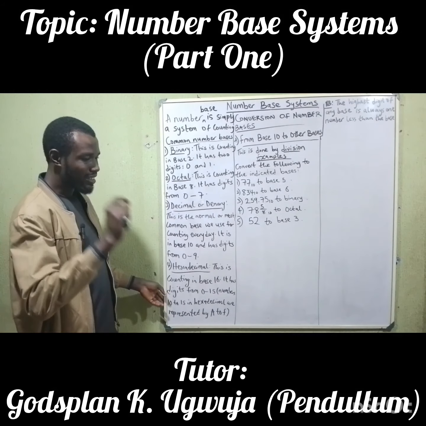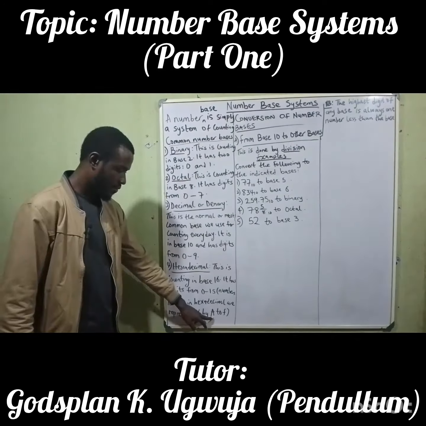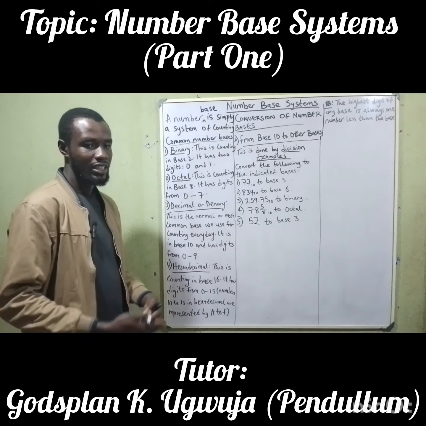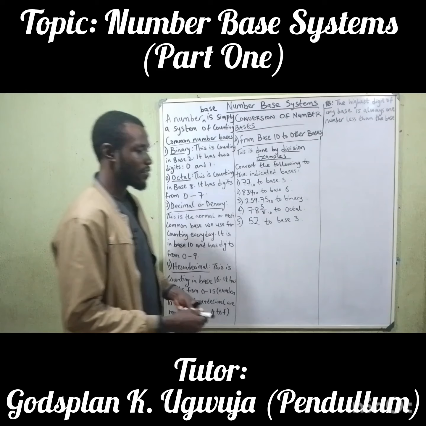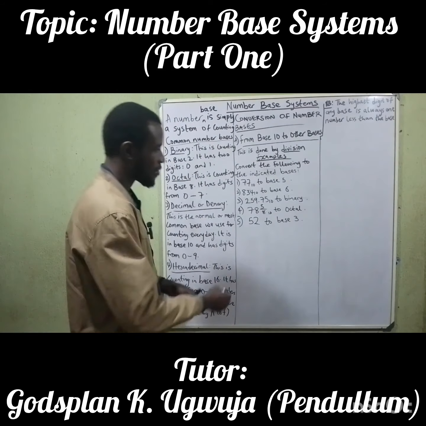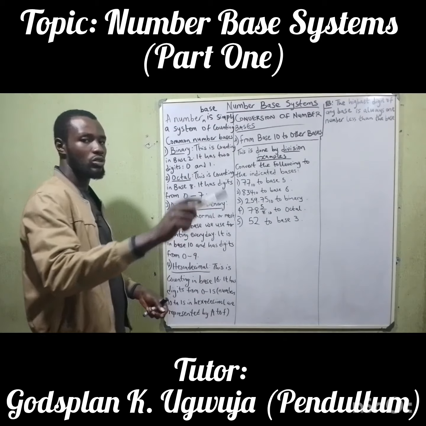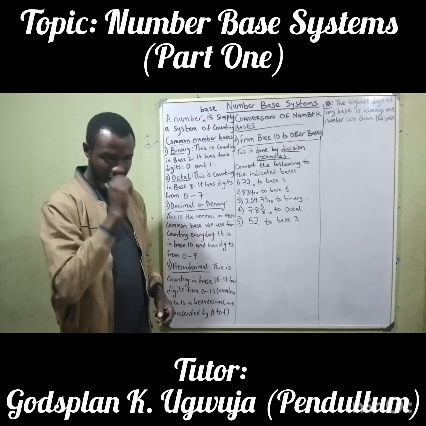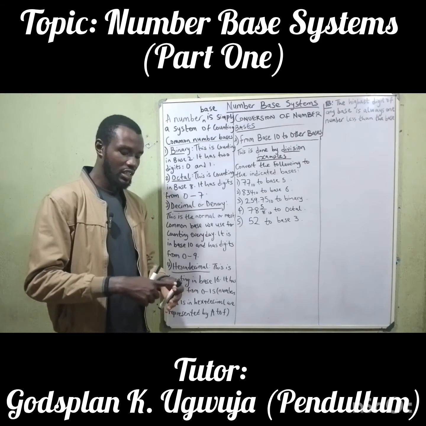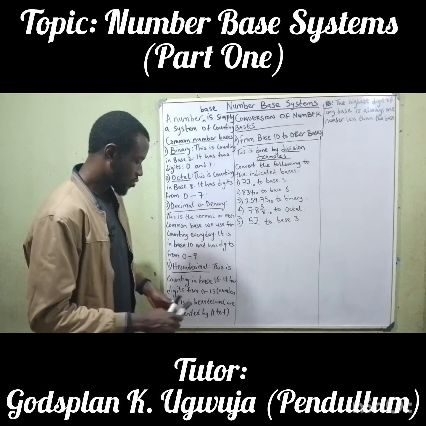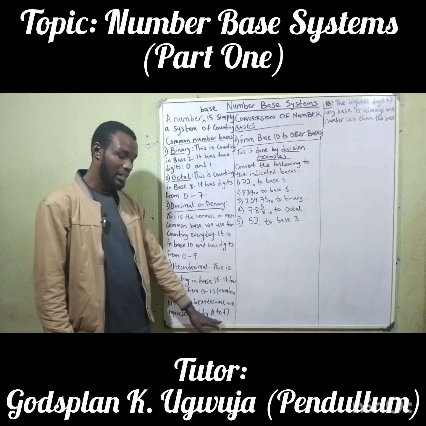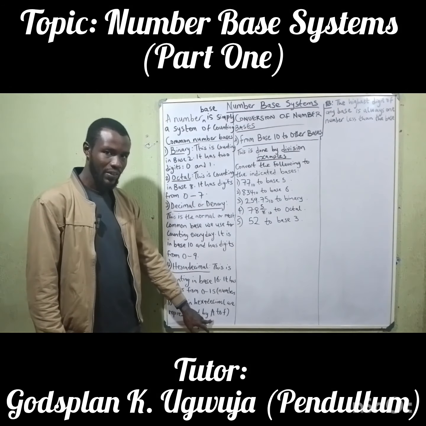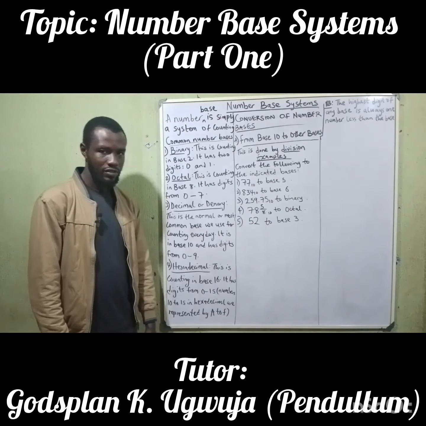No. From 10, you represent it with the letter A. So 11 is B, 12 is C, 13 is D, 14 is E, and 15 is F. So for the hexadecimal system, you have 0, 1, 2, 3, 4, 5, 6, 7, 8, 9, then A, B, C, D, E, F. That's 0 to 15, so take note of that. This is the only one that has letters, hexadecimal base 16. The letters start from 10, A, to F, 15.